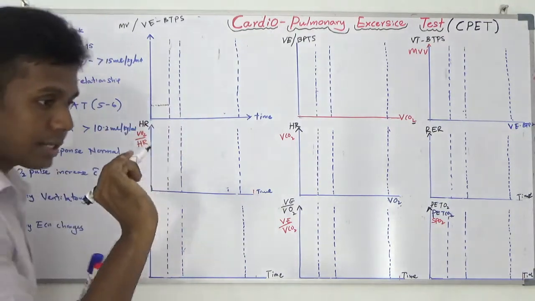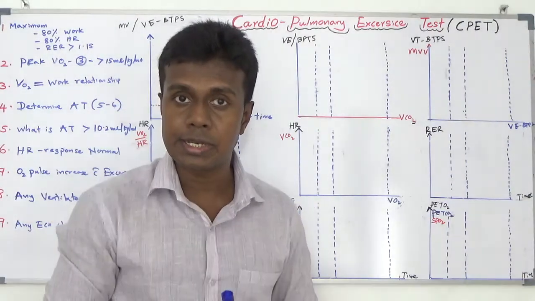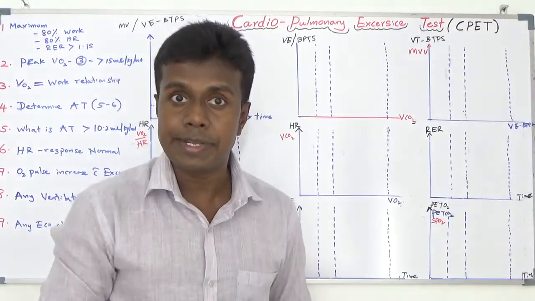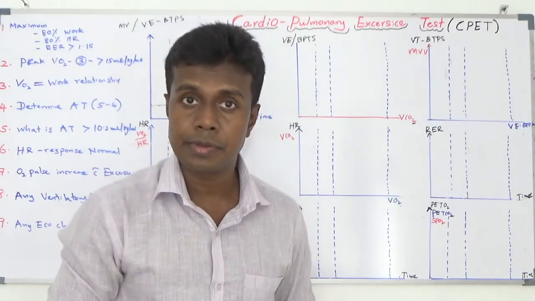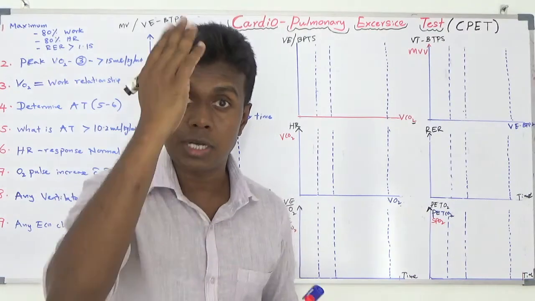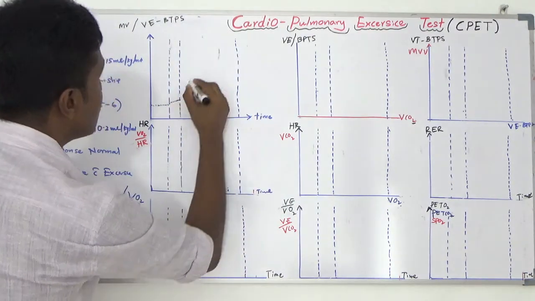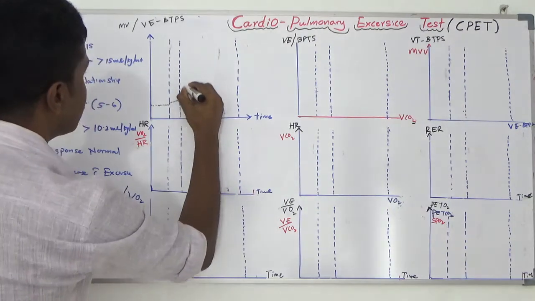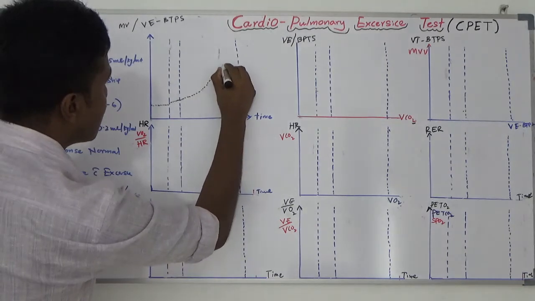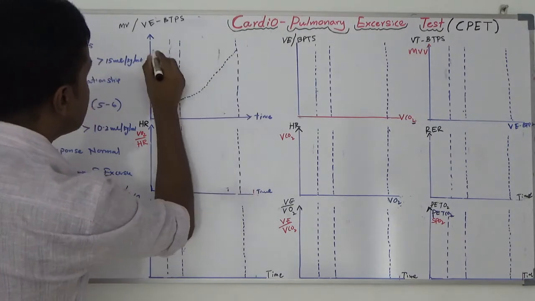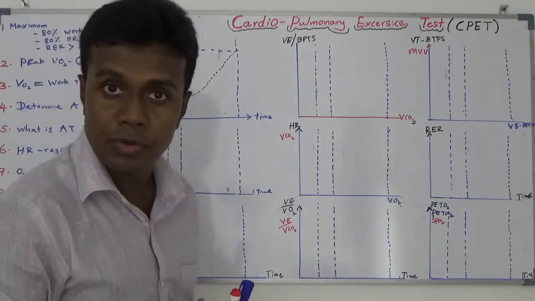When I started unloaded exercise, minute ventilation increased a little bit. But when I started loaded exercise, minute ventilation increased drastically, and it gradually goes up. It should be somewhere around the normal value which the machine calculated.